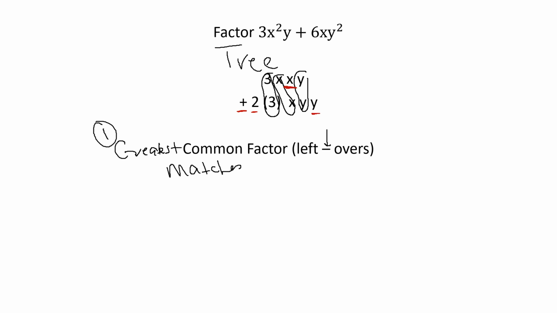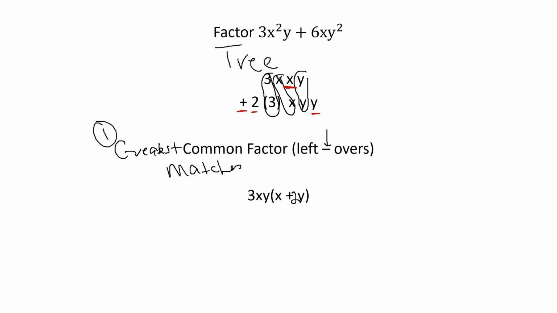Those leftovers stay inside. So the common factor comes outside, whatever matches, 3xy, and then the leftovers go inside, except that there should be a 2 right there. All right, so common factor: tree it, find your greatest common factor, that pulls out, and your leftovers stay inside.